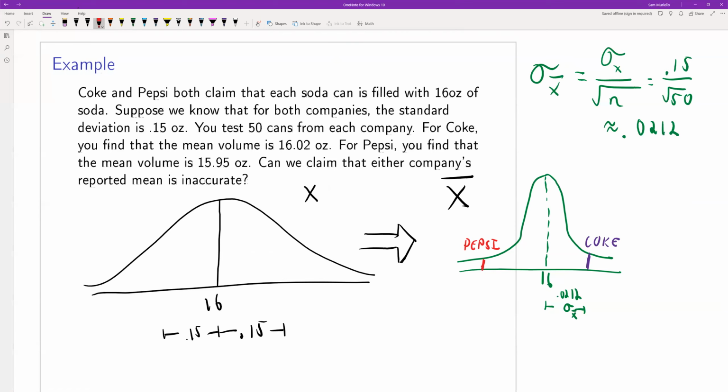We need to know, is this company's claim that they're actually putting 16 ounces in every can, given the standard deviation that we know, actually accurate? Or do we think that the companies are maybe not giving us all the whole information? Or maybe our sample was wrong? Basically, does our data line up? That's the question that we're asking.